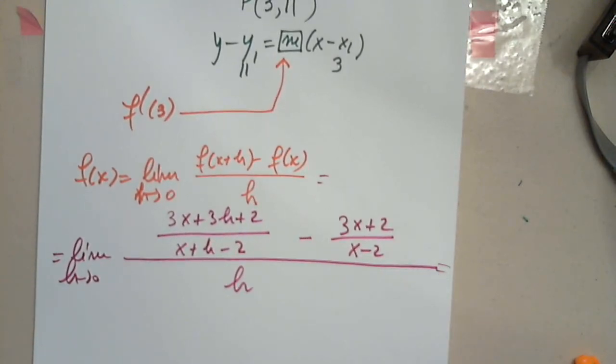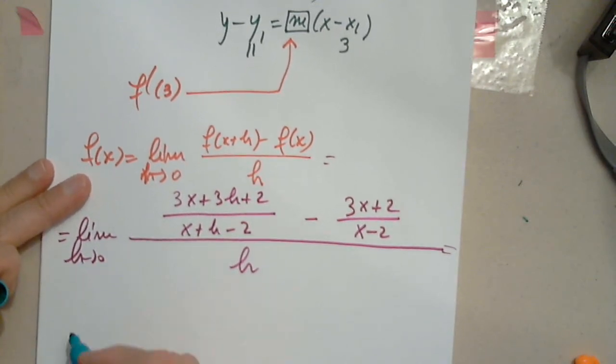Now, if you remember, two things have to happen here. All terms without h must go away from the numerator, and eventually the h in the denominator has to go away. What is our next step? Get similar bases.